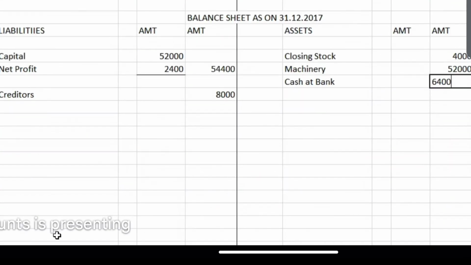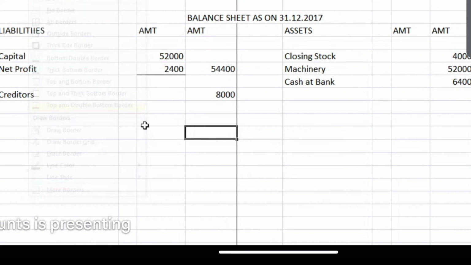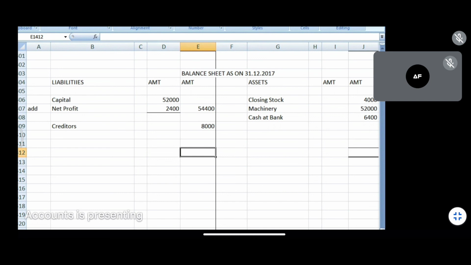So last and final step, you have to get the total. So in a balance sheet, it's not balancing; you just have to see that your total comes the same on your debit as well as your credit side. So you get a total of 62,400 on both the sides.